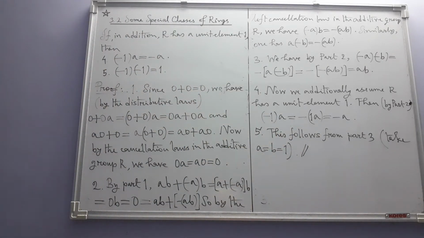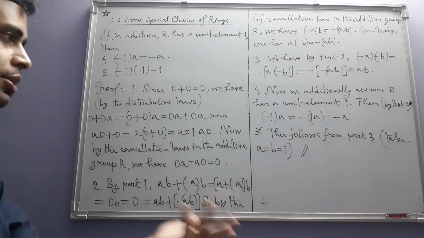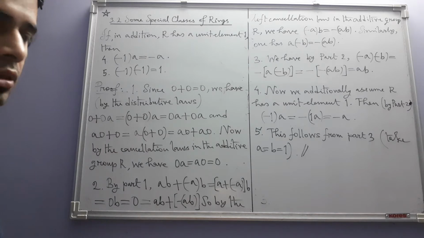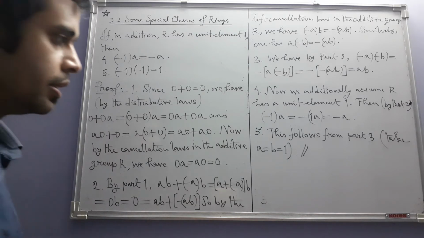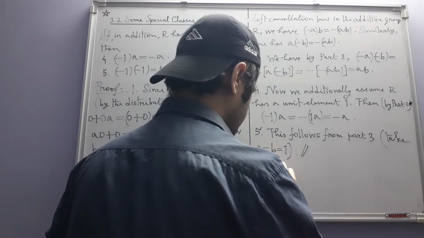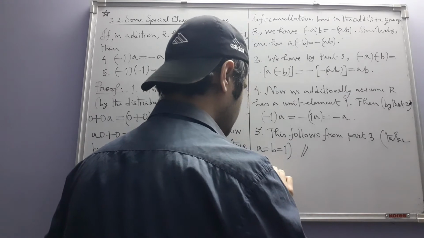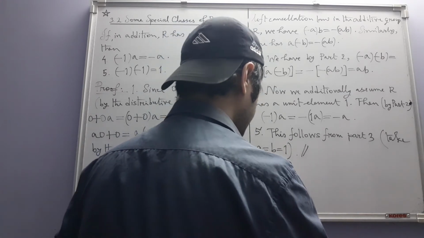So this lemma allows us to do some calculations like how we ordinarily do calculations with real numbers or with integers. Okay, so let me just write the comment here.